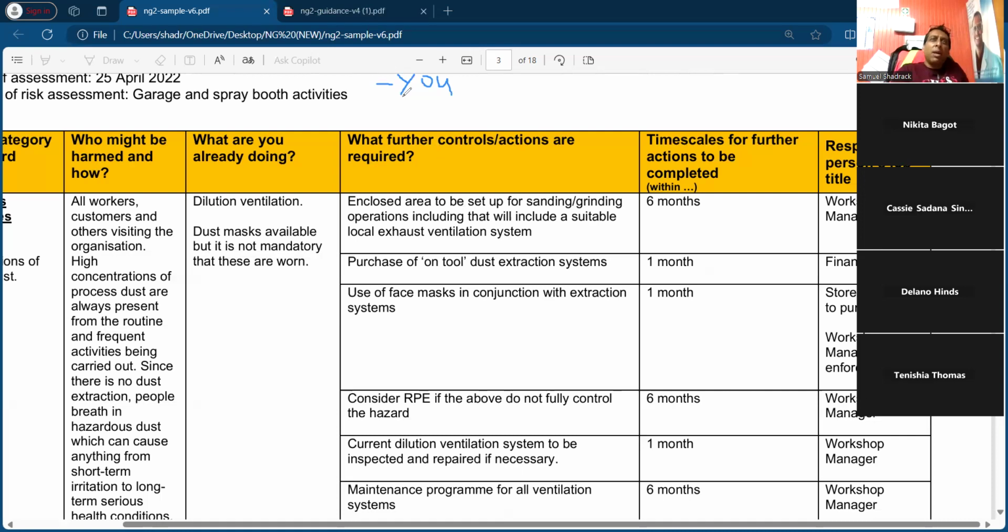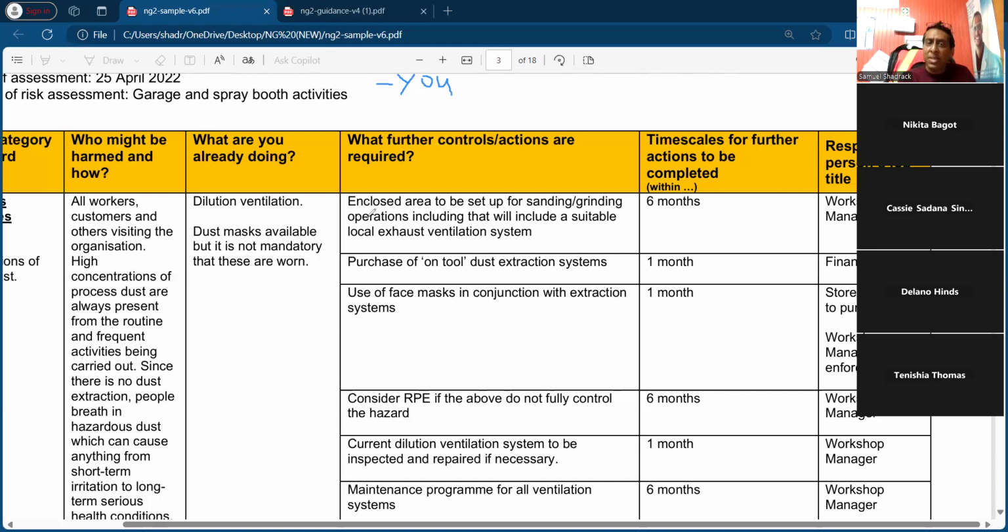I'm gonna try to give you one. If the hazard category was manual handling, and you said that two workers were moving, let's say a heavy piece of equipment by hand, right? What is already being done? I think from last time we said you could say these workers were first given an orientation when they joined the company, but that's not good enough. You can say that is not sufficient for manual handling.